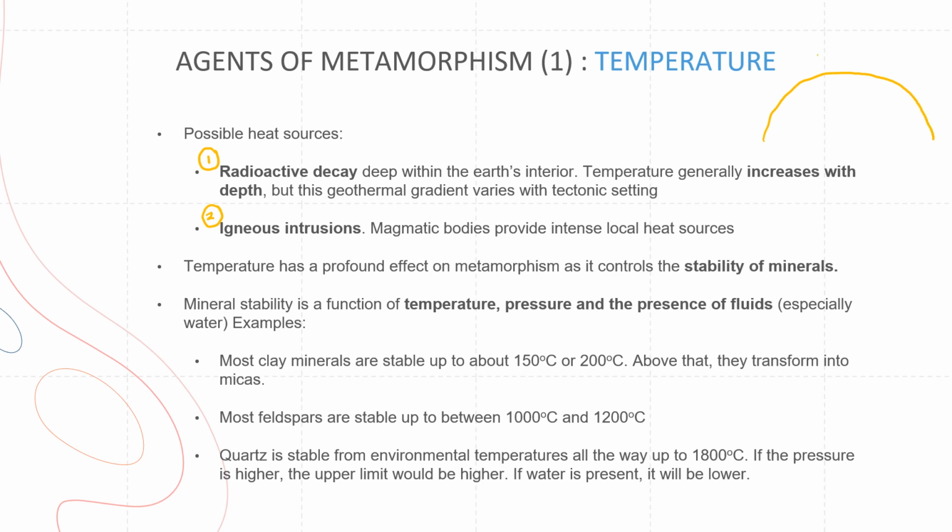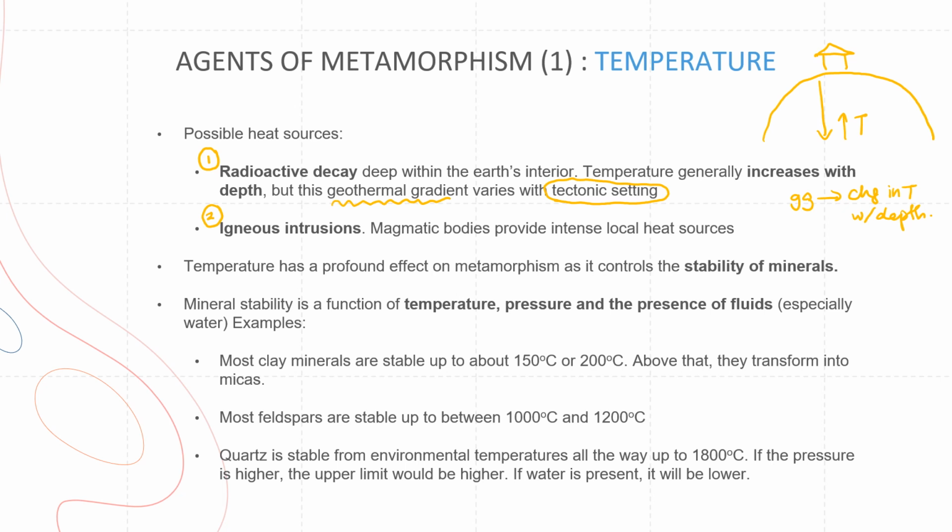And as you can imagine, the deeper down you go, the higher the temperature would be. And there's something called a geothermal gradient. So the geothermal gradient basically is the change in temperature with depth. But we will talk about this more when we discuss plate tectonics and metamorphism.